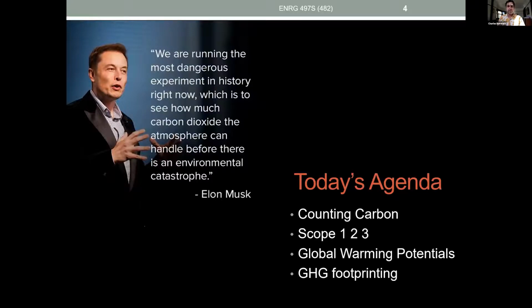Methane on a 100-year timescale is about 28 times more potent per kilogram than a kilogram of CO2. So methane is a more potent greenhouse gas. So we'll look at global warming potentials for several different greenhouse gases. And maybe, if we have time, we'll do an example for the Stanford Linear Accelerator Laboratory on the Scope 1, 2, and 3 carbon counting or greenhouse gas accounting.